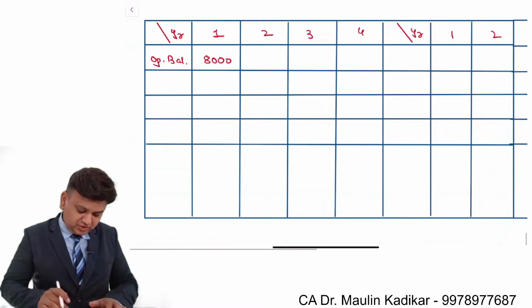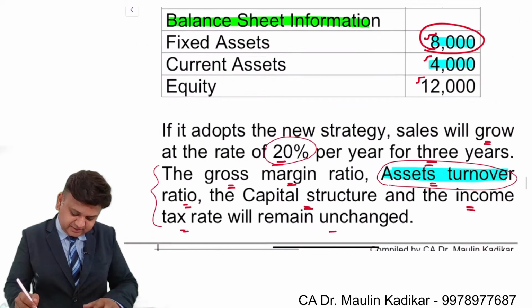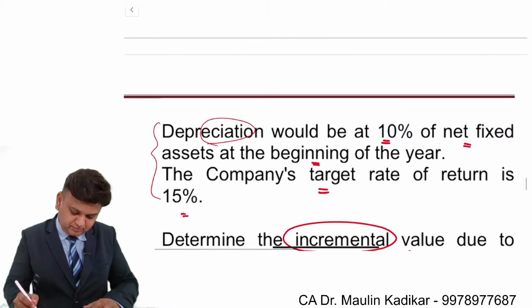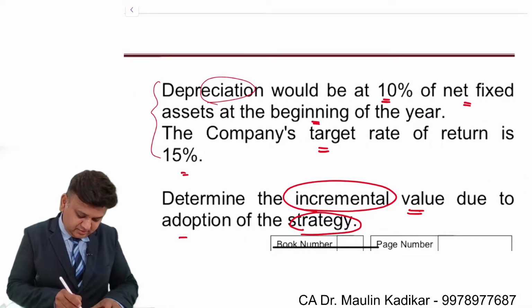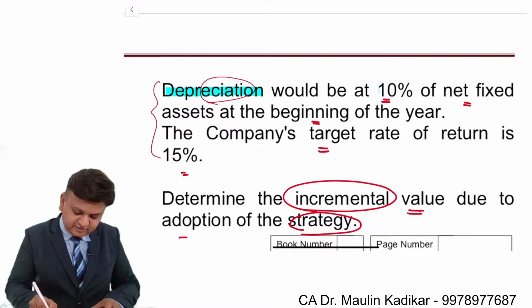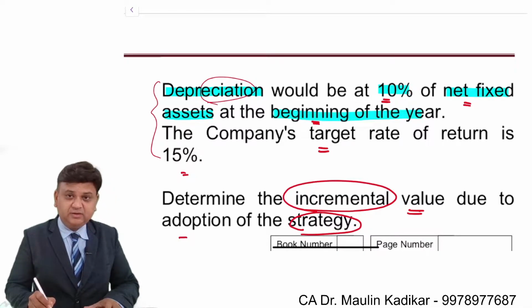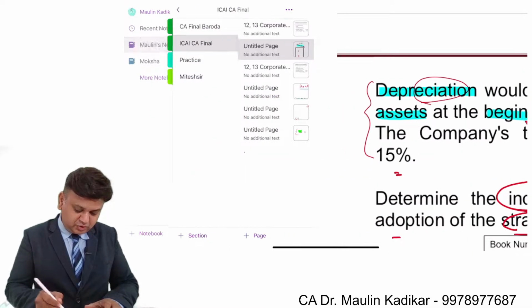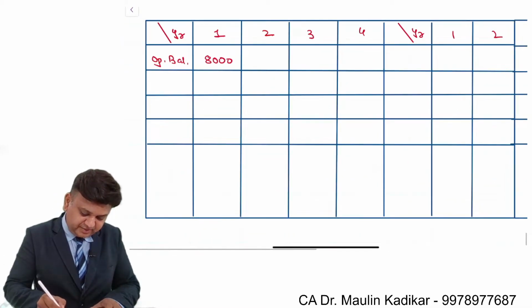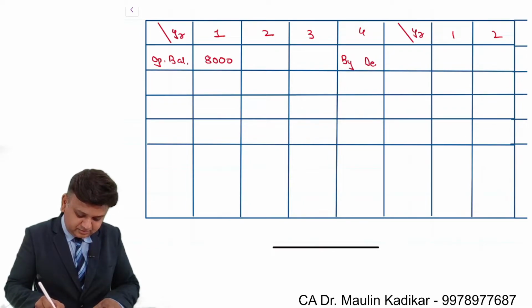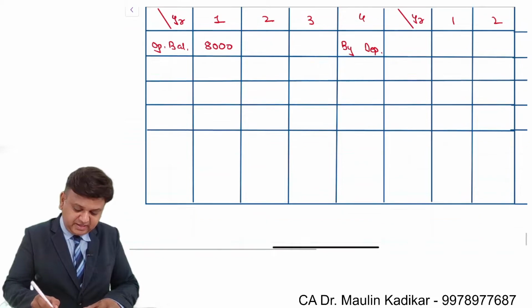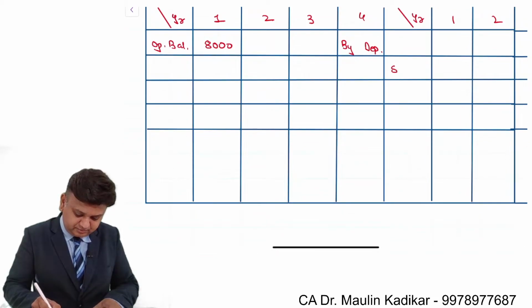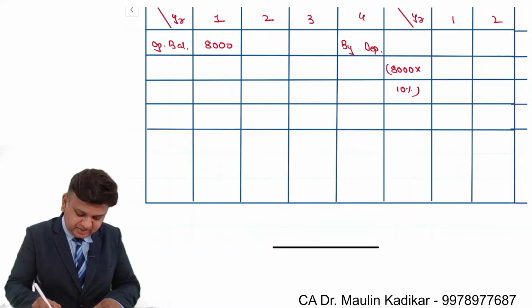Now dear students, you can see that the question provides that depreciation would be at the rate of 10% of net fixed assets at the beginning of the year. So in that case, we will mention depreciation. It would be 10% of 8,000. That is an amount of 800.